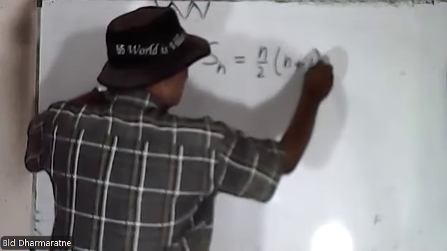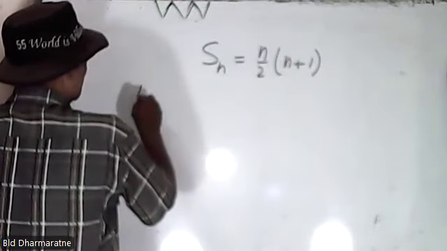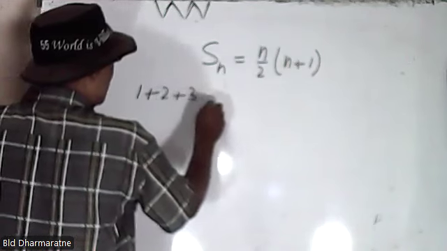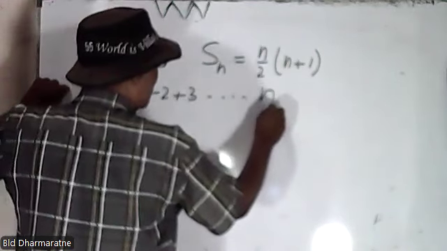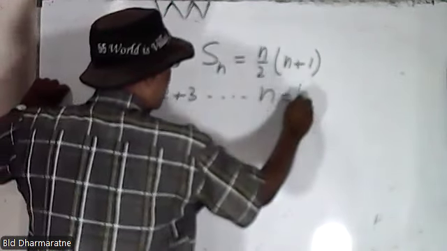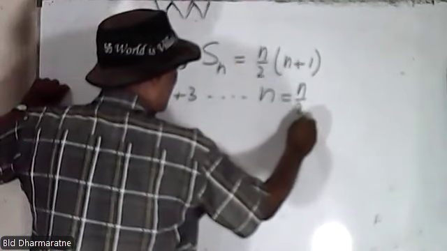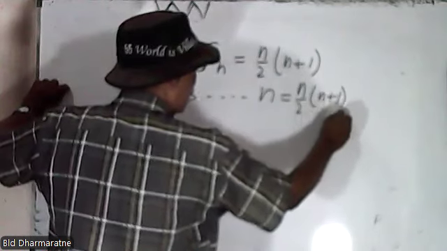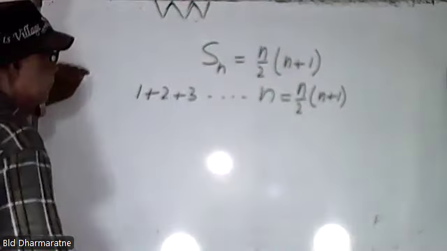That means 1 plus 2 plus 3 up to n numbers equals n over 2 times (n plus 1). Right? The addition of all the numbers from 1 to n.